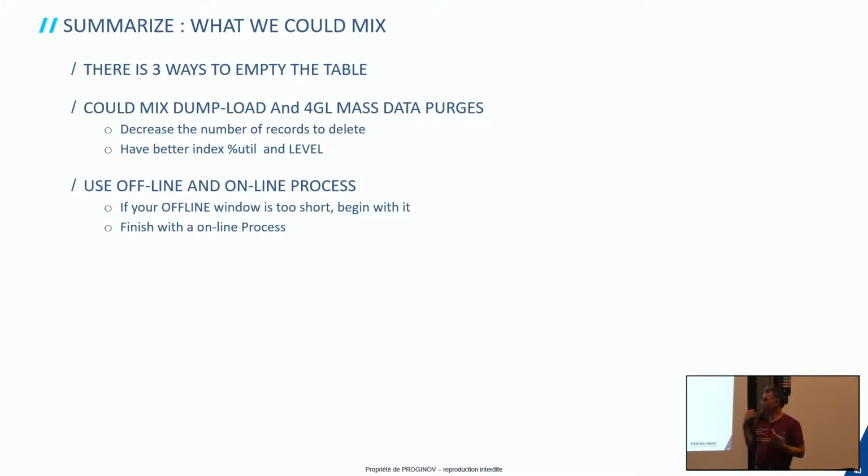You could mix dump and load and 4GL mass data purge: decrease the number of records to delete with a dump and load, and after do a 4GL process to delete the other data. You could also use offline and online processes if you want. If your offline window is too short, begin with it and finish with an online process. It's up to you.